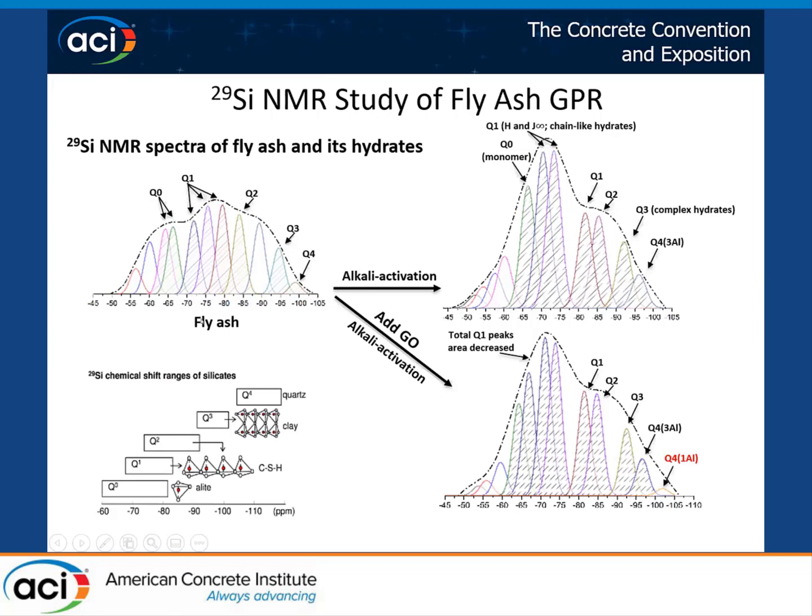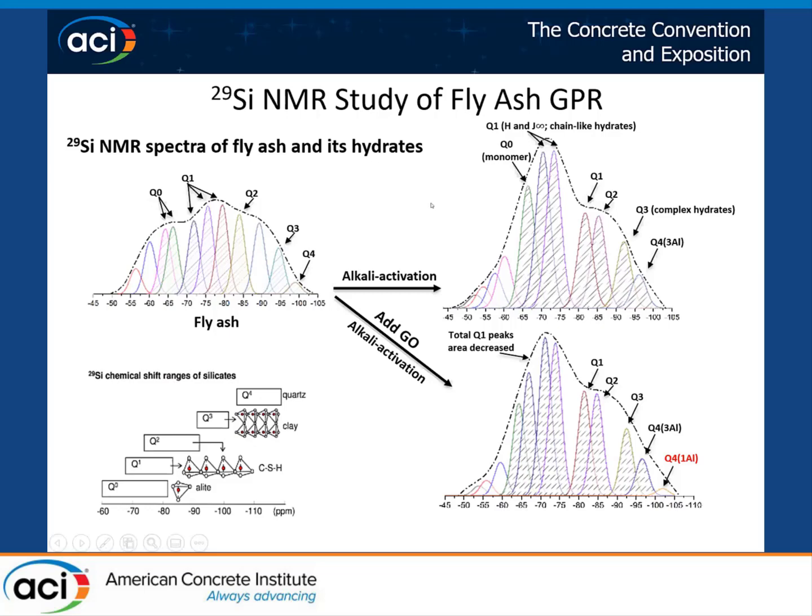So based on this fly ash NMR result, we can see Q0, Q1 to Q4. And after alkaline activation, we can see all these Q increased. First, Q0 and Q1 both increased greatly, maybe 2 times. We can attribute this result to the breaking of the fly ash.